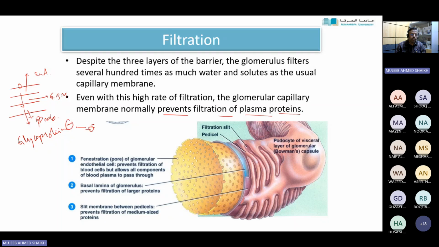So when they come near each other, they cause repulsion. That's why it will not come out through these holes. Even if it comes out through these holes, there is a basement membrane consisting of glycoprotein, and then there are podocytes. So these 3 layers filter everything except RBC, plasma protein, and any chemical bound to protein. They will not come out into the filtrate.